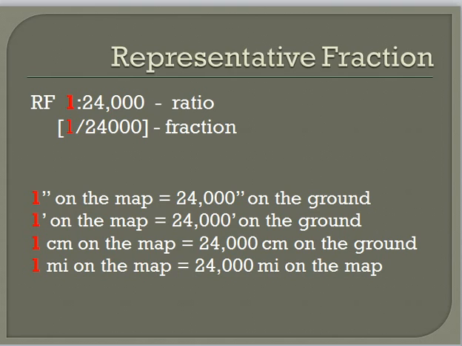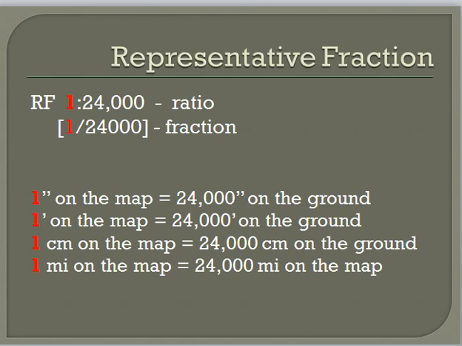You can add any unit to the left side and the same unit of measurement to the right side of the colon or the ratio, and it still works. So if you're used to measuring in centimeters, you can measure in centimeters. If you're used to measuring in inches, you can measure in inches, or hand widths, or the length of a pencil, whatever works. And that's the beauty of the representative fraction.